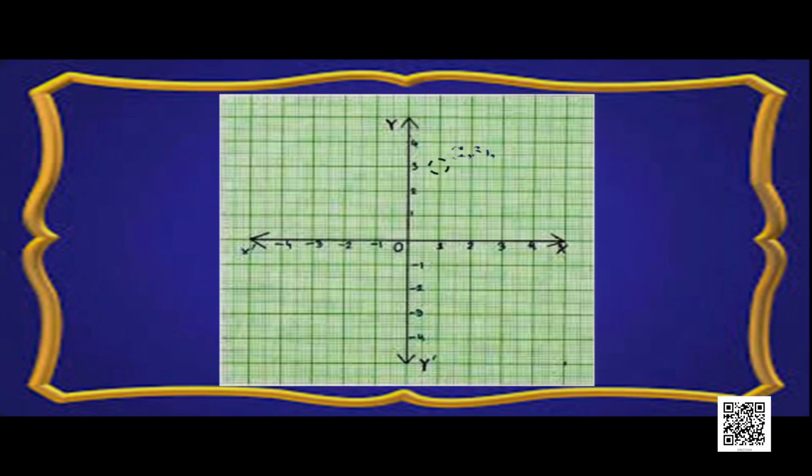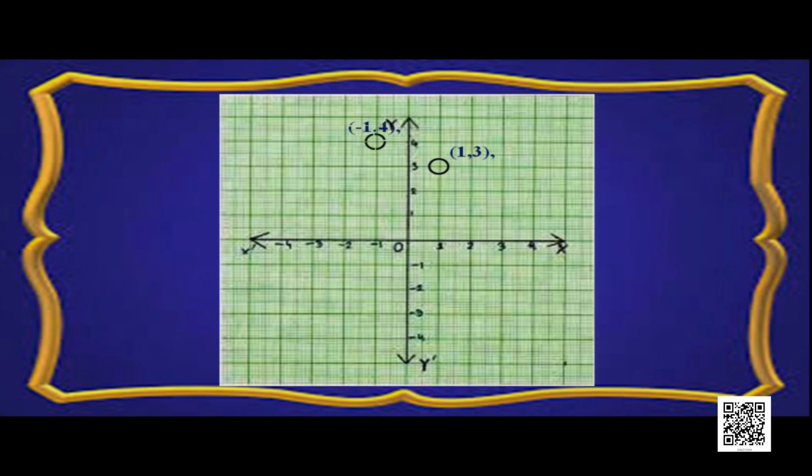If we find the point (1, 3), you can see that in the x-axis the value 1 is marked somewhere and 3 is marked somewhere. So when both of them meet, that point gives (1, 3). This is one of our solutions.